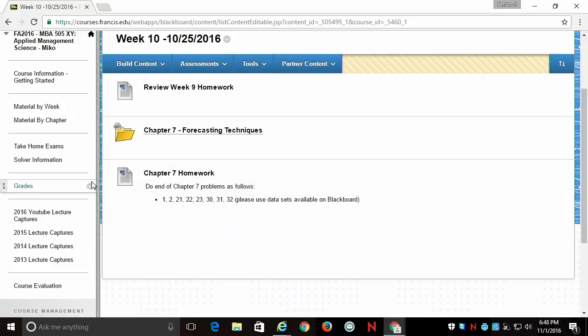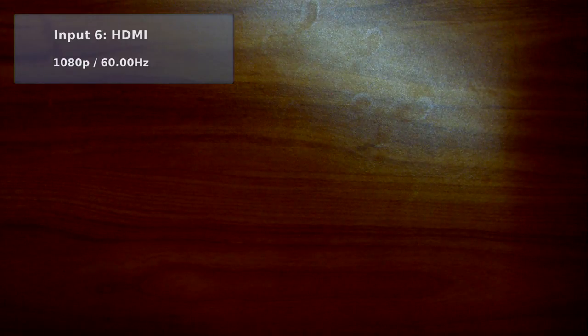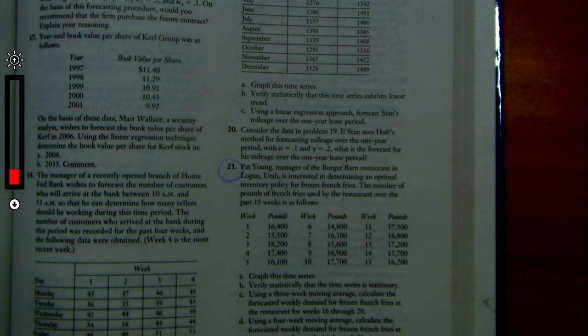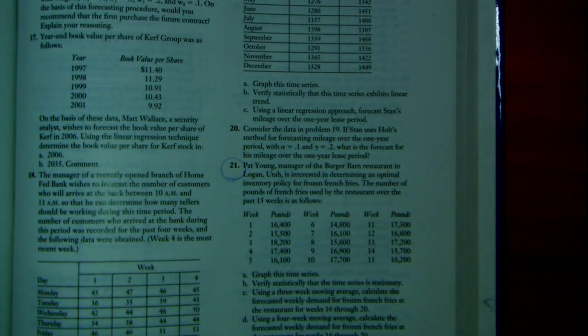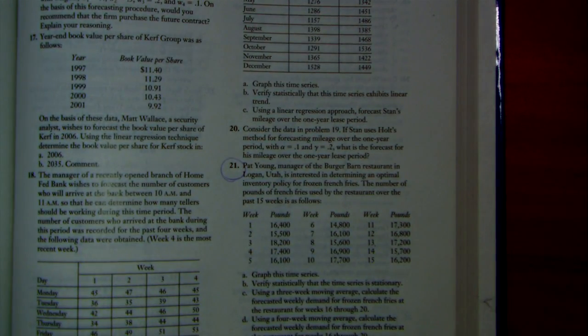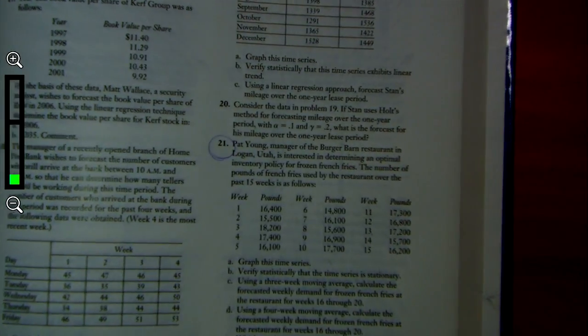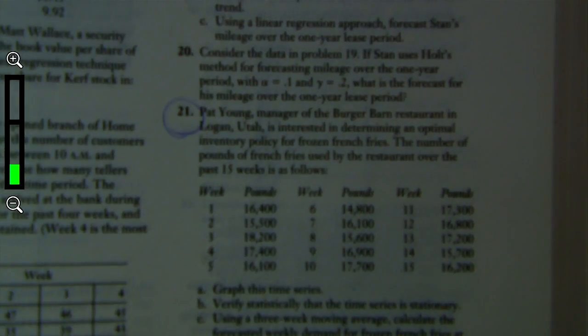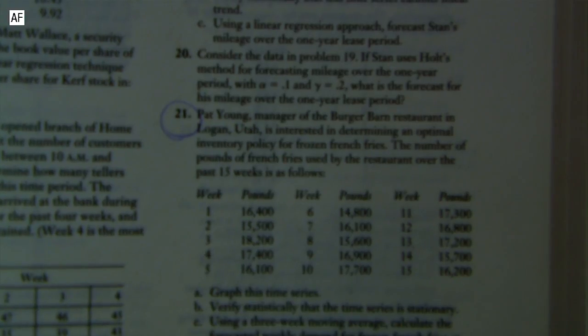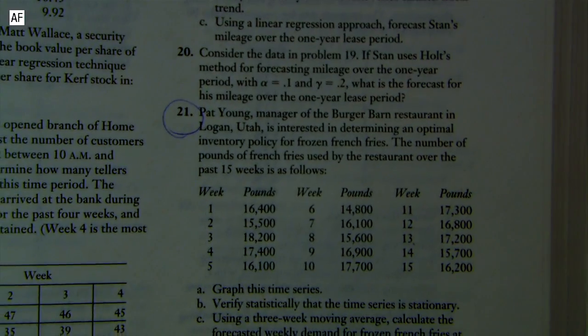So this is Burger Barn. Pat Young, manager of the Burger Barn restaurant in Logan, Utah, is interested in determining an optimal inventory for frozen French fries.